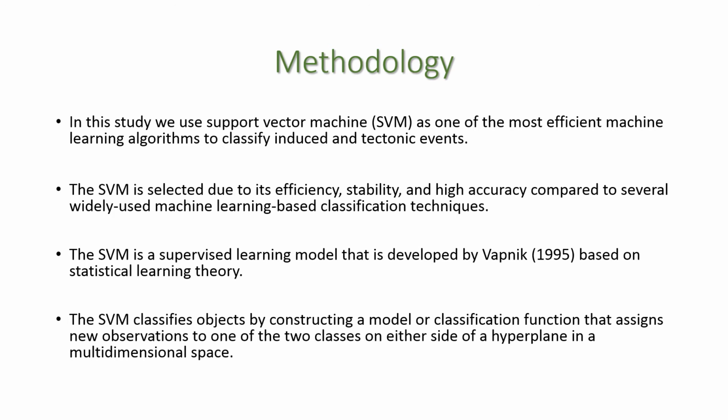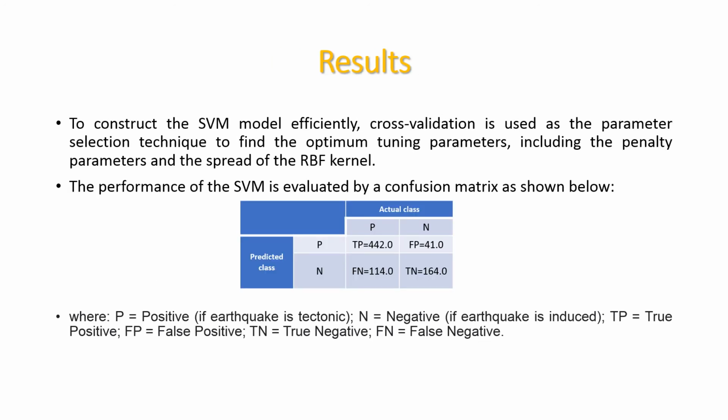The SVM is a supervised learning model developed by Vapnik in 1995 based on statistical learning theory. The SVM classifies objects by constructing a model or classification function that assigns new observations to one of the two classes on either side.